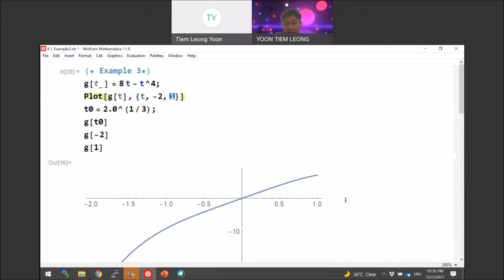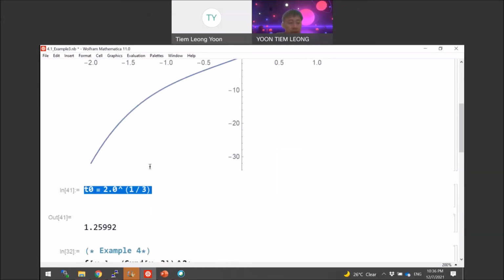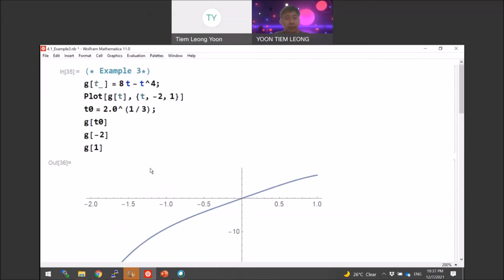So 1.26 is lying on the right-hand side somewhere here. Therefore, this is not a critical point, for the fact that the value t0 is lying outside the range of t where the function g(t) is defined.